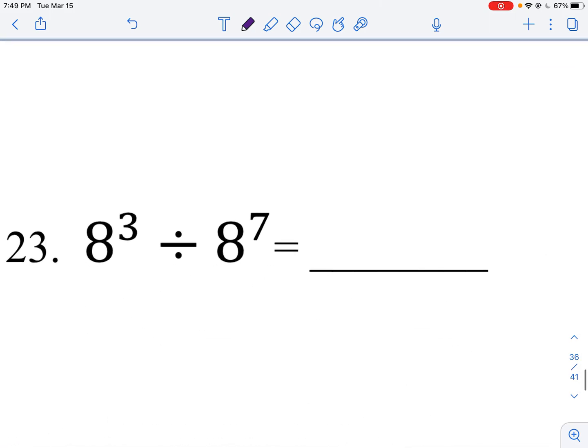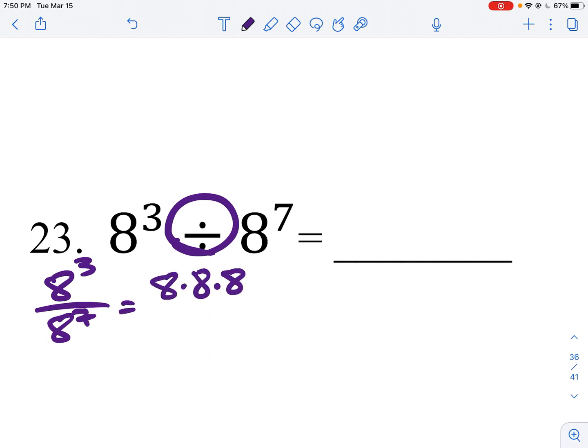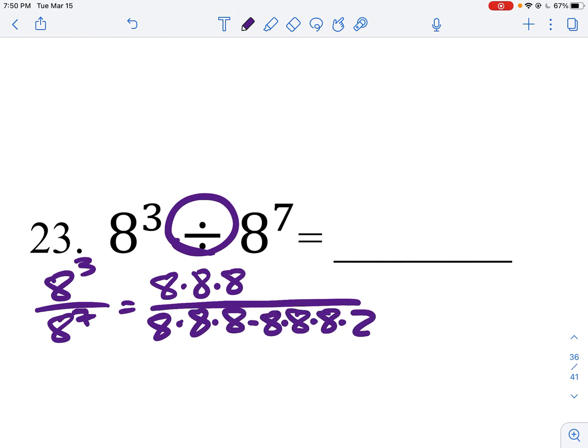Okay. This one, I have 8 to the 3rd over 8 to the 7th. Why do I know that? Because that's division. So I have 1, 2, 3. I have 1, 2, 3, 4, 5, 6, 7. Cancel, cancel, cancel.